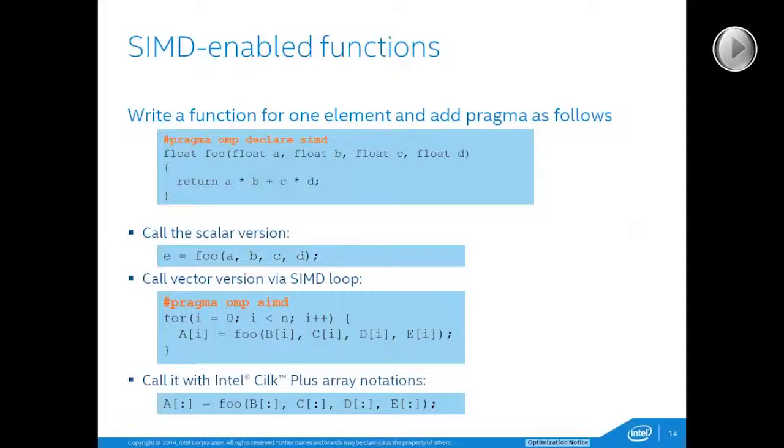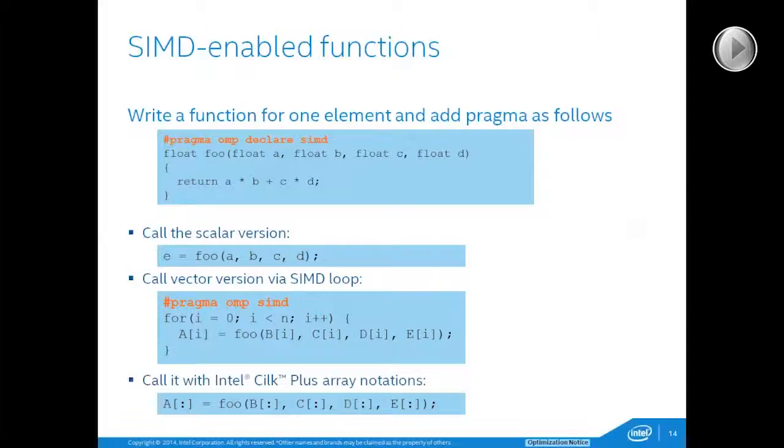Now imagine if the same function foo is called inside a for loop, which is running from 0 through n. Let's again assume that the pragma OMP SIMD is not there as of now. In that case, for every loop iteration, you are invoking the scalar version of the function foo. Now let's imagine that we put this pragma OMP SIMD, which means you're forcing the loop to be vectorized.